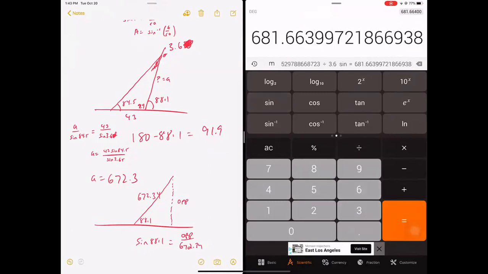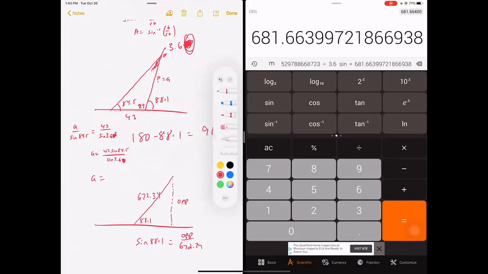So this value changed a lot. This is 681 because there was no 5 there. For some reason, I wrote a 5 at the end, but there's not supposed to be a 5 at the end.